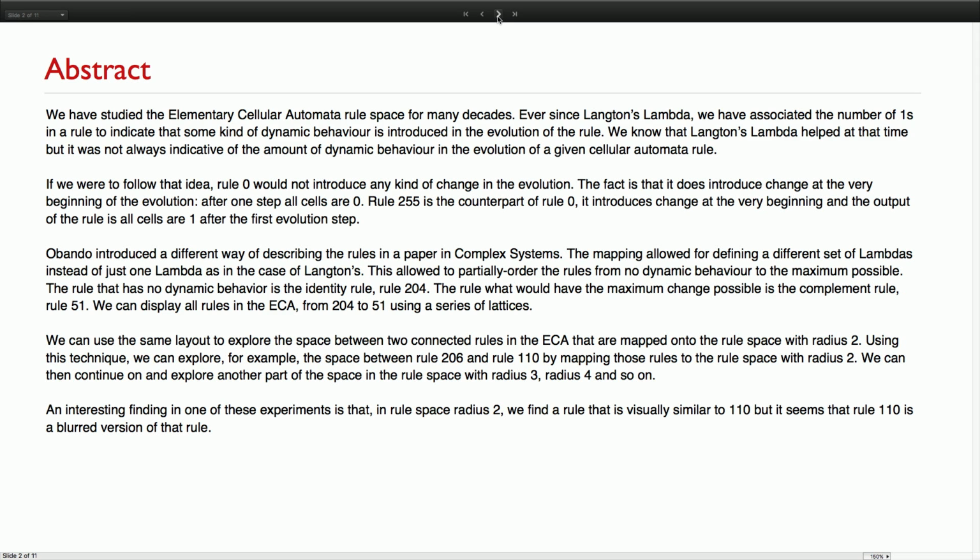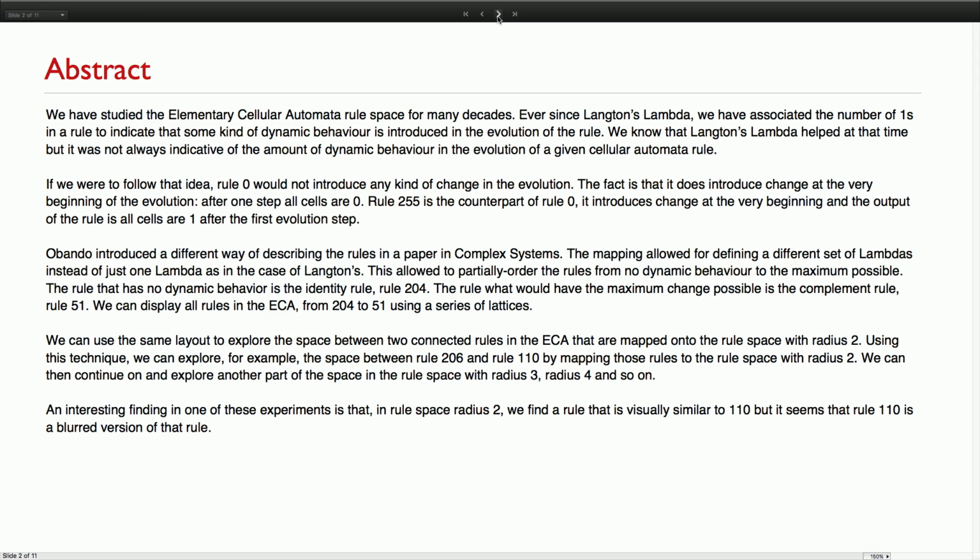So I looked at it differently and said, let's partition this into primitives. We have primitive 0, which means that whenever the central cell is 0 and it's going to go to 1, that's dynamic. It's going to introduce change. And whenever with primitive 1 the central cell is 1 and is going to be 0, that's dynamic. Now I look at all the rules in the elementary cellular automata, and 204 is, for instance, the identity.